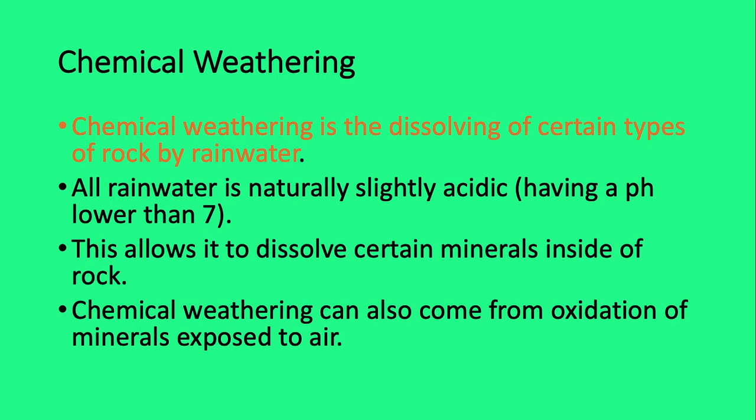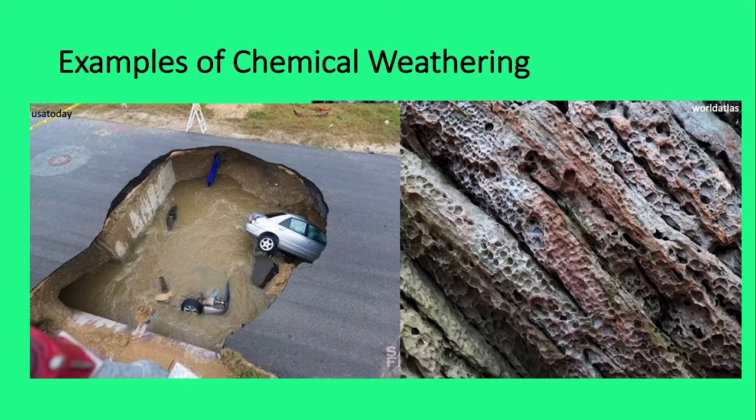Chemical weathering can also come from oxidation of minerals exposed to air. Here's some examples of chemical weathering. On the left we have a sinkhole that apparently opened up underneath of some cars. And on the right we have a rock that's being dissolved by water.